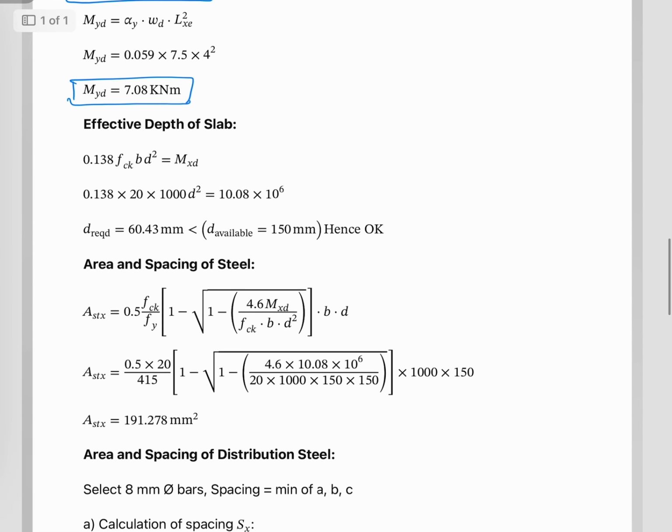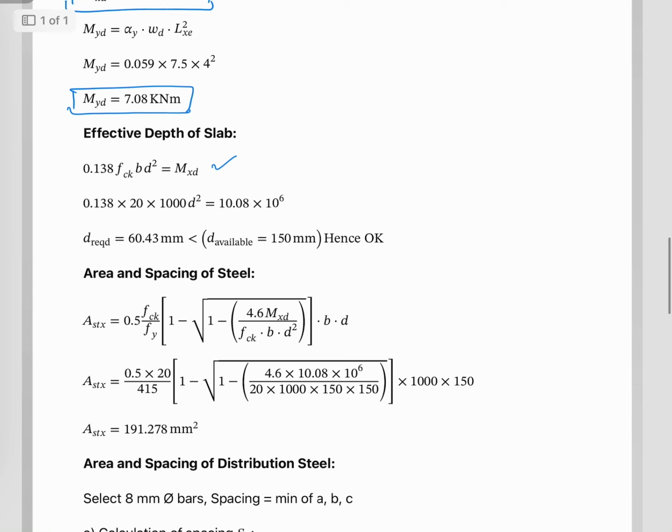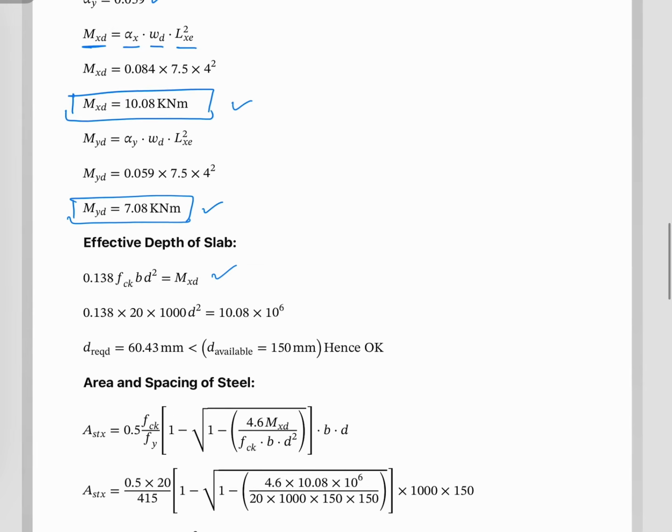To understand that, we use the formula of the limiting moment, which equals the highest moment across these two values. So 0.138 fck, where fck is 20, and b is 1000, the standard 1 meter wide strip we consider. 10.08 is the moment in kilonewton meter, so we multiply by 10 to the power 6 to make it newton mm. So the depth required becomes 60.43, and what we have is 150 mm. Hence your design is safe in terms of the effective depth.